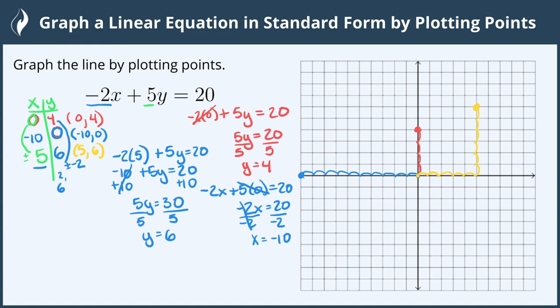And here's our next point. Then I'm going to use a straight edge to graph my line as accurately as possible. So I'm going to hold my straight edge over my paper and connect all of my points. And there is our equation graphed on our rectangular coordinate system. And now we're all done.